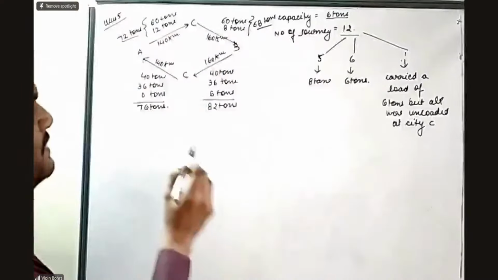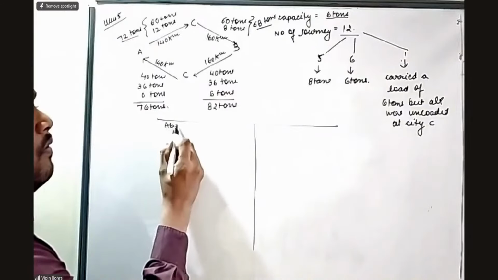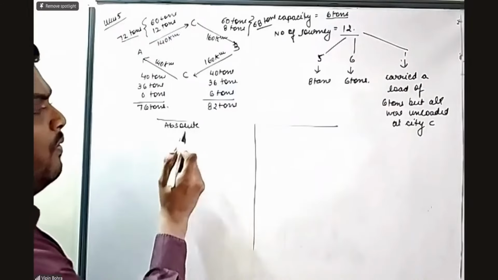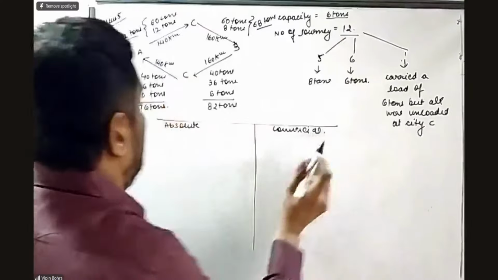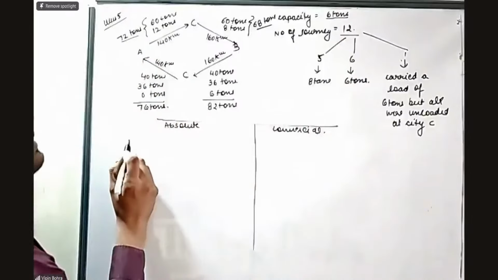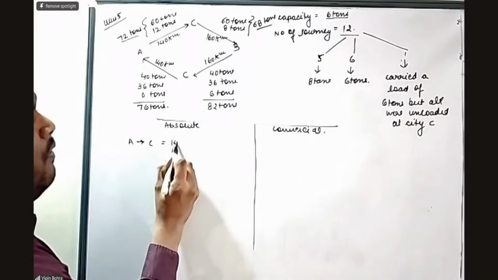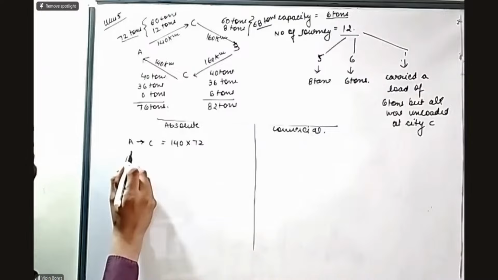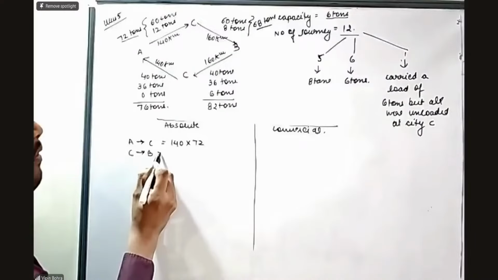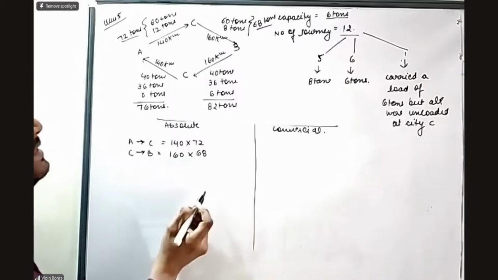Now you can easily solve in absolute and commercial. So 140 kilometers, 72 tons. For 160 kilometers, 68 tons.